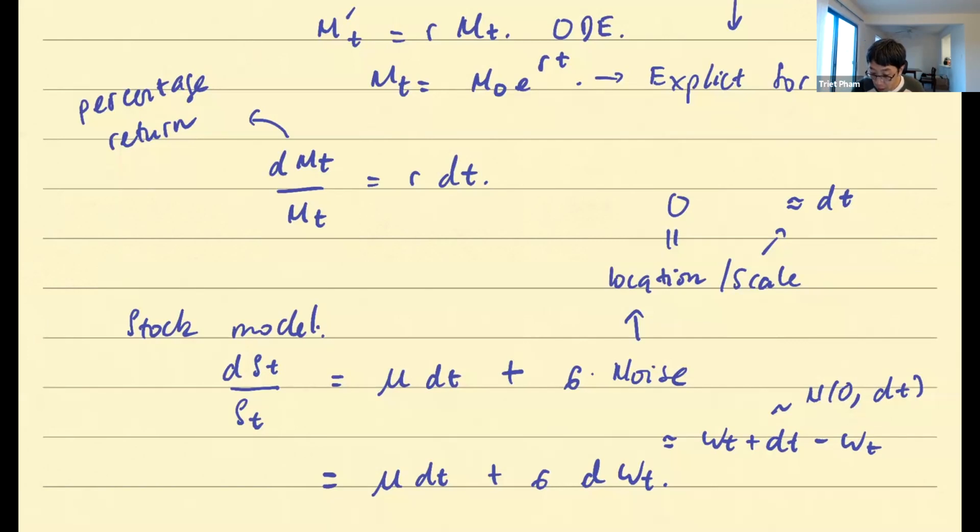Also, do pay attention. That doesn't mean the stock prices themselves are independent. The stock price the next day definitely is not independent of the stock price today. If the stock price today is high, more likely than not, the stock price tomorrow is high. The returns, pay attention, the returns are independent, not the stock price itself.